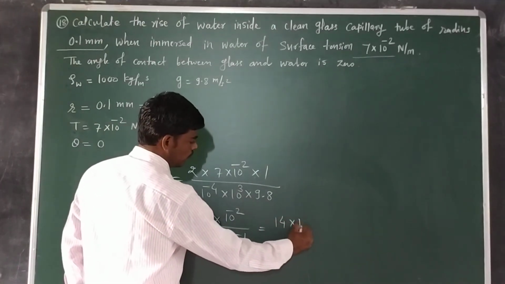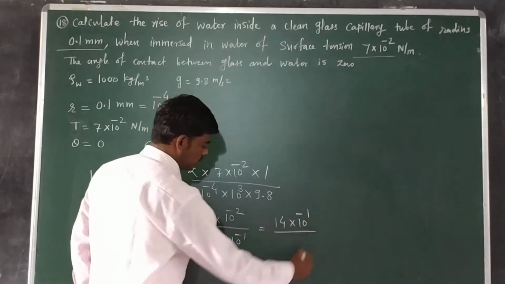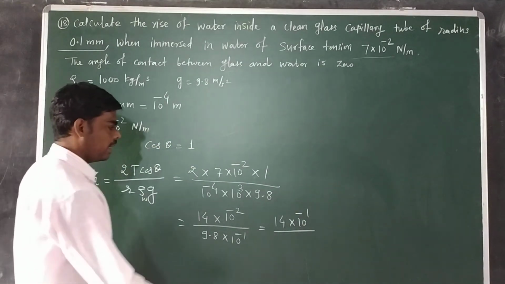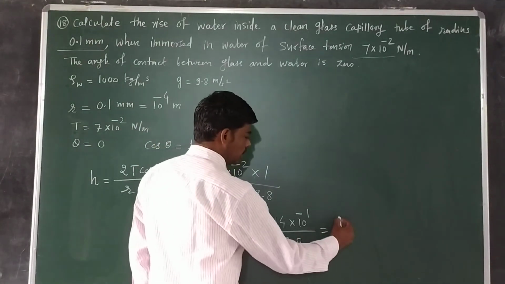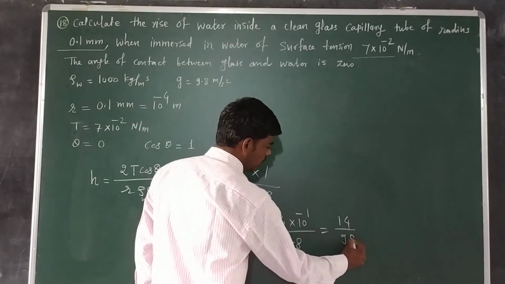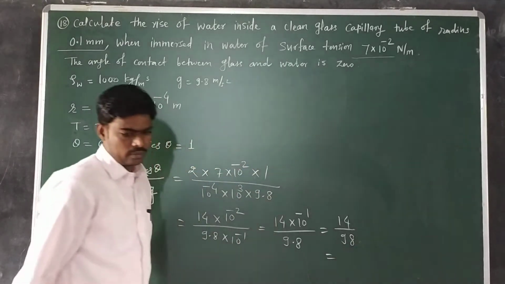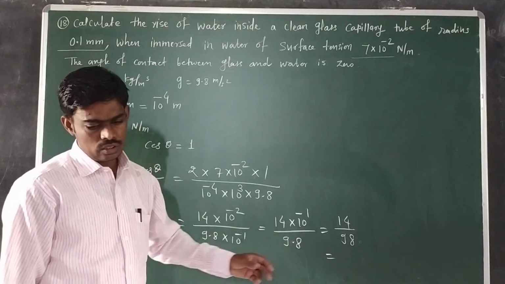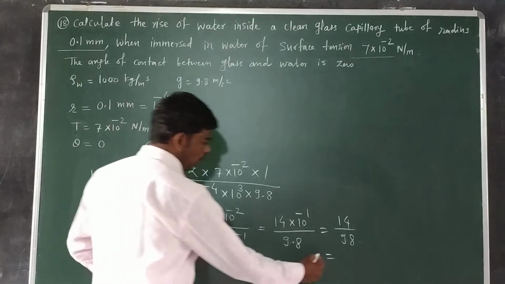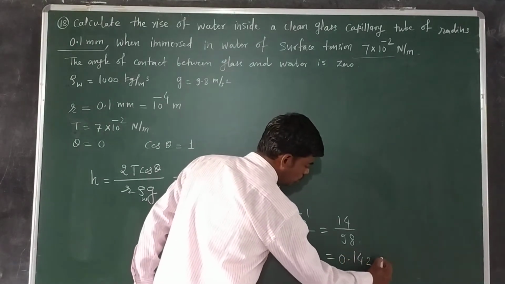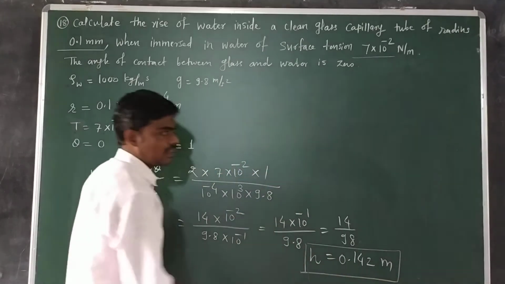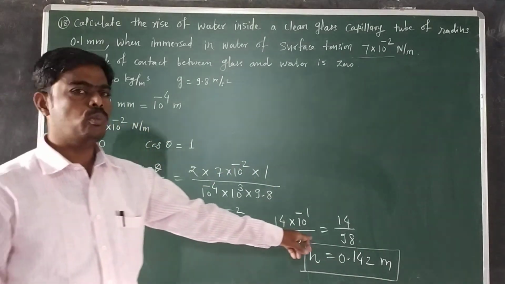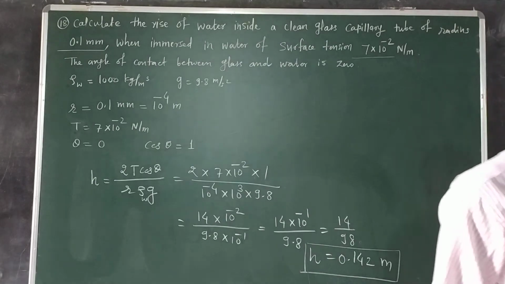So 14 into 10 raised to power minus 1 divided by 9.8. That means it becomes 14 upon 98. And this division is 0.142 meter. So height of water column inside the glass capillary, it is 0.142 meter.